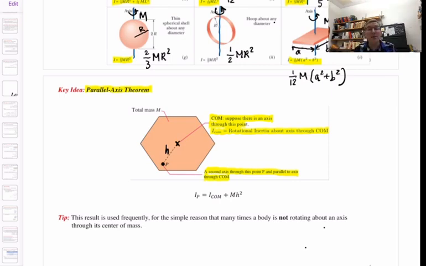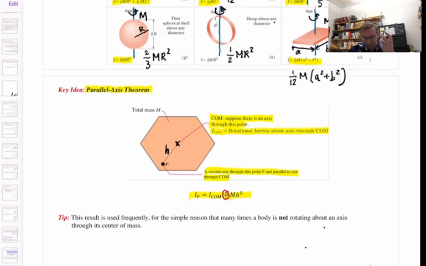If you know ICOM, you can then get I for point P, and that's the parallel axis theorem. Here it is. The rotational inertia for the axis about point P, the axis displaced from the center of mass, is equal to the rotational inertia for the axis through the center of mass plus a positive quantity.